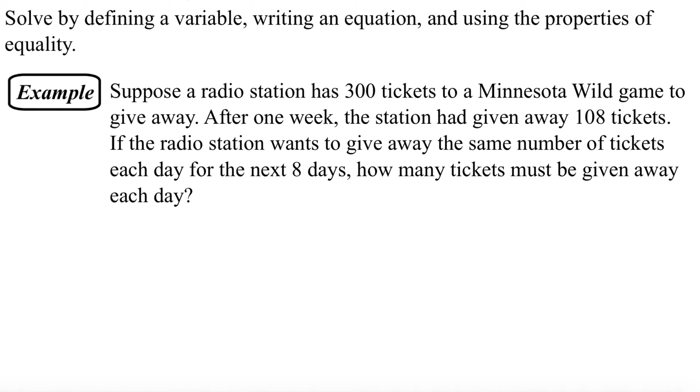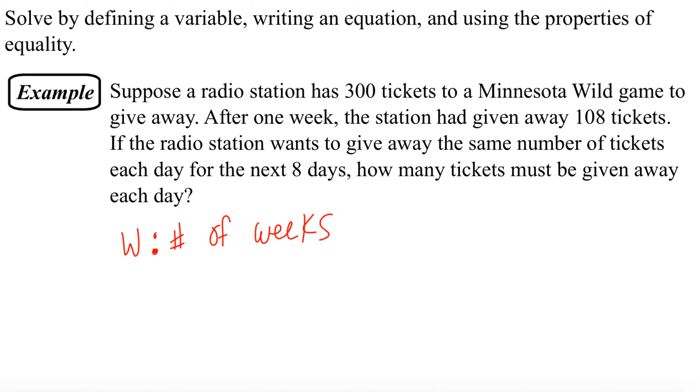Okay? So in this one, we have a total of 300 tickets to give away. And after 1 week, the station had already given away 108 tickets. So let's call W the number of weeks, okay?